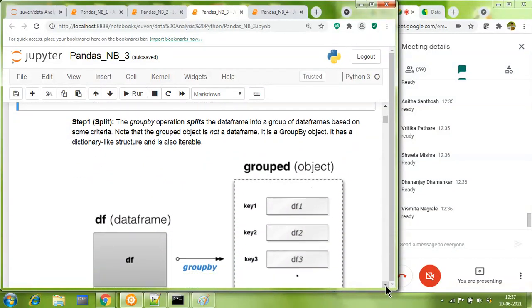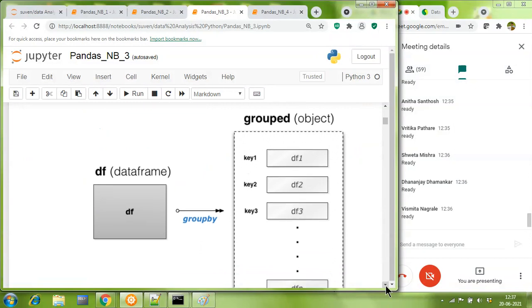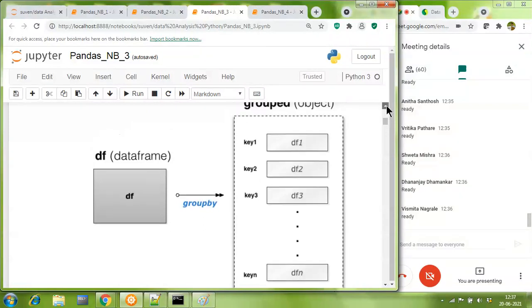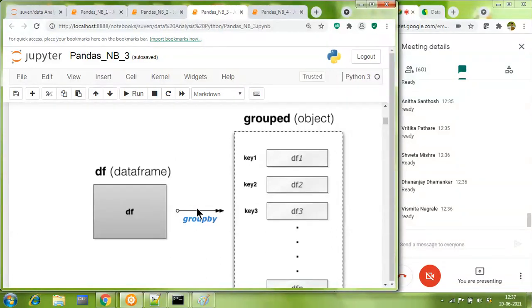Let us look at a simple schematic diagram. When you say that you want to apply a group by function to a data frame, you will always need to specify at least one column, more than one possible, but at least one column on the basis of which you want to group by. So what the group by function first does is it will take that column of yours and will split the data frame. You cannot see this.